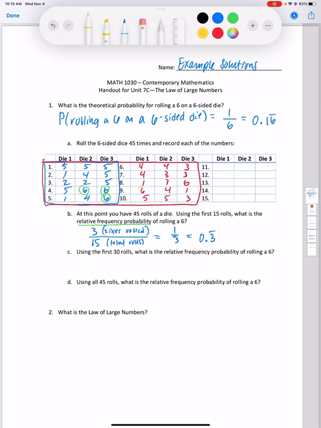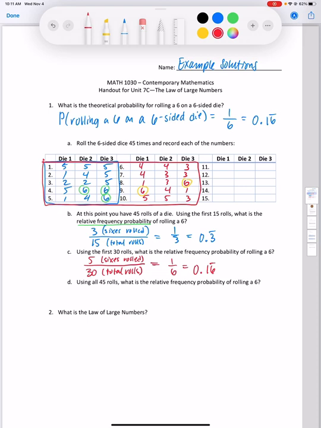Well, there's 3 from the first 15, and there's 2 more from the second 15. So what we have total is 5 6s divided by 30 total rolls. 5/30 is equal to 1/6. So we're exactly on our theoretical probability.